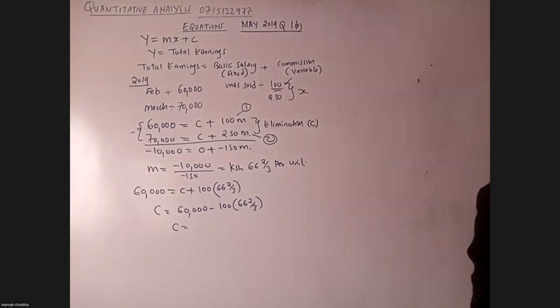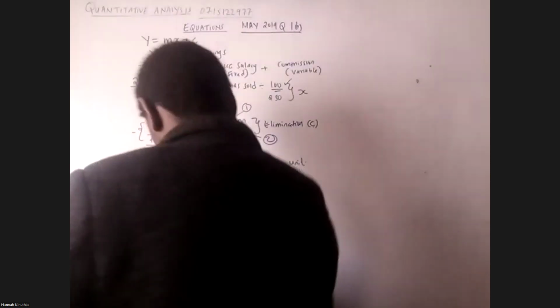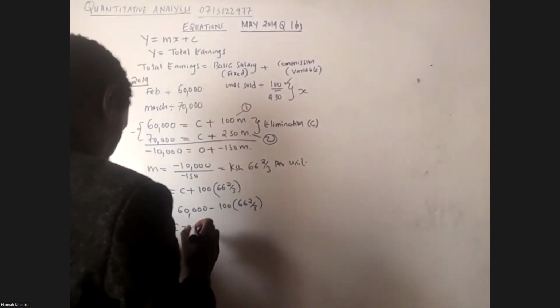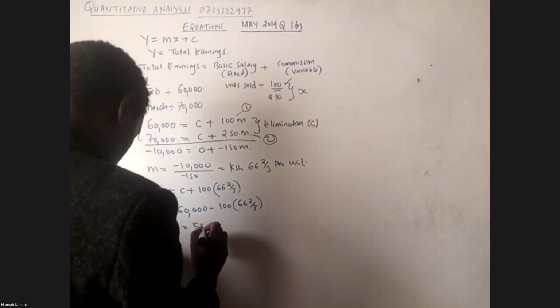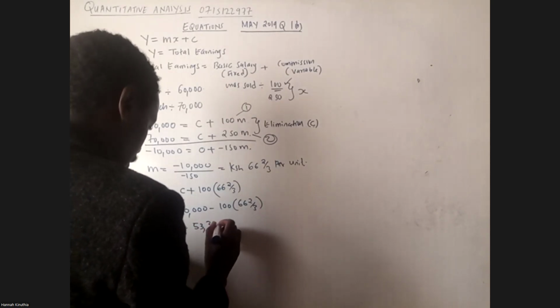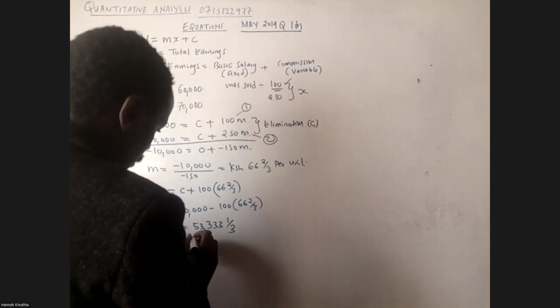So 60,000 minus 100 times 66 2/3. What are you getting? I get 53,333 1/3.